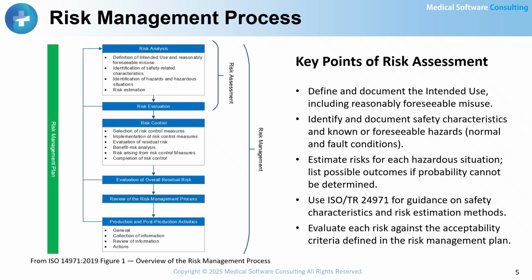For the methods of qualitative or quantitative risk estimation, both in terms of probability and severity, ISO/TR 24971 again provides detailed guidance. Finally, each hazardous situation must be evaluated against the acceptability criteria defined in the risk management plan to determine whether the risk is acceptable or not. This structured process ensures that risk management is not a one-time activity, but a continuous and documented practice across the entire product lifecycle.